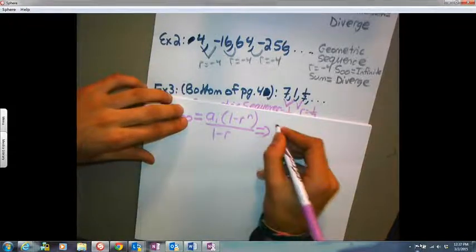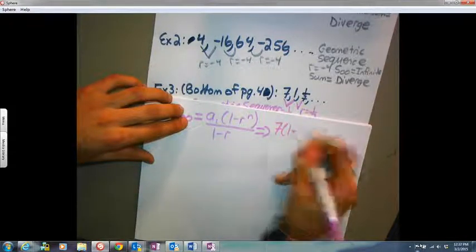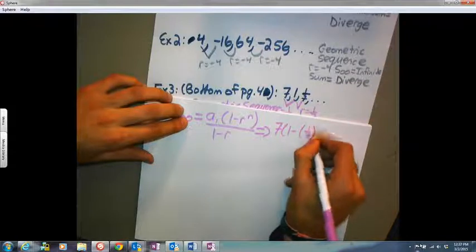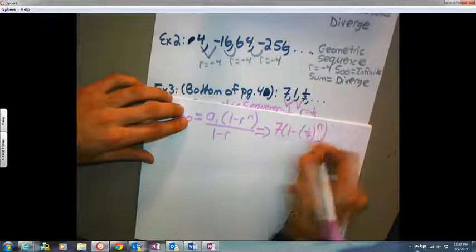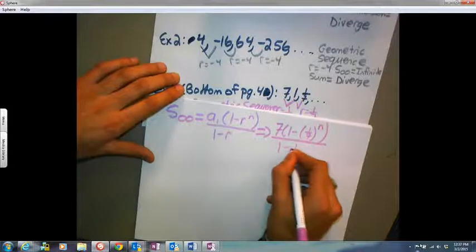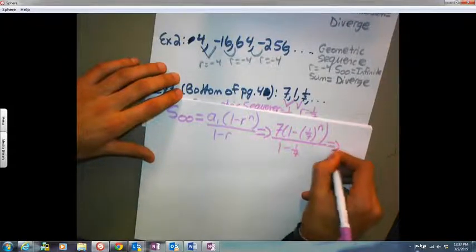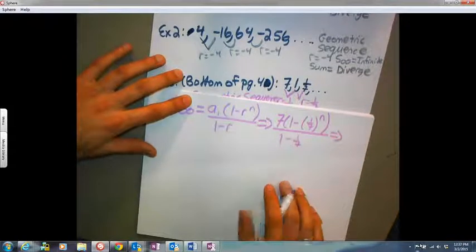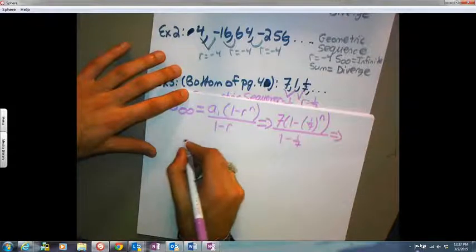a1 is 7. r is 1/7. And n, of course, is infinity, because this is the infinite sum.